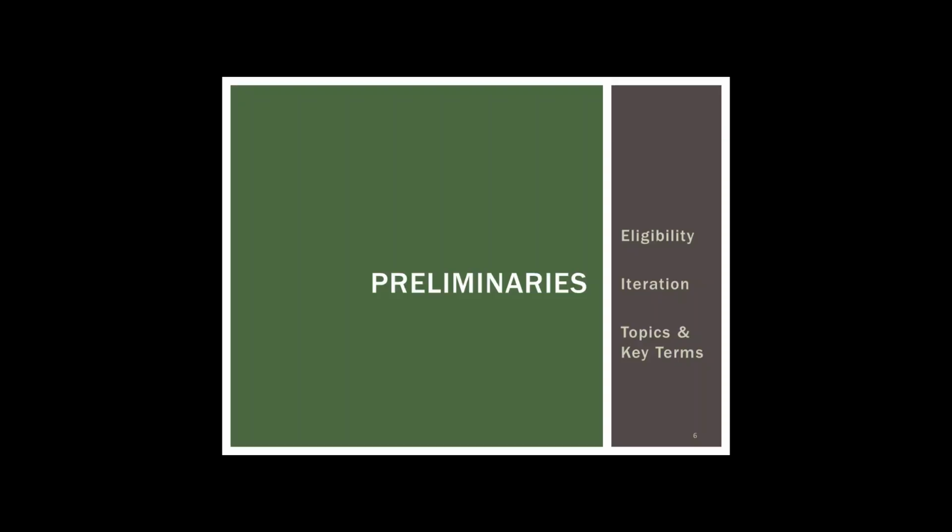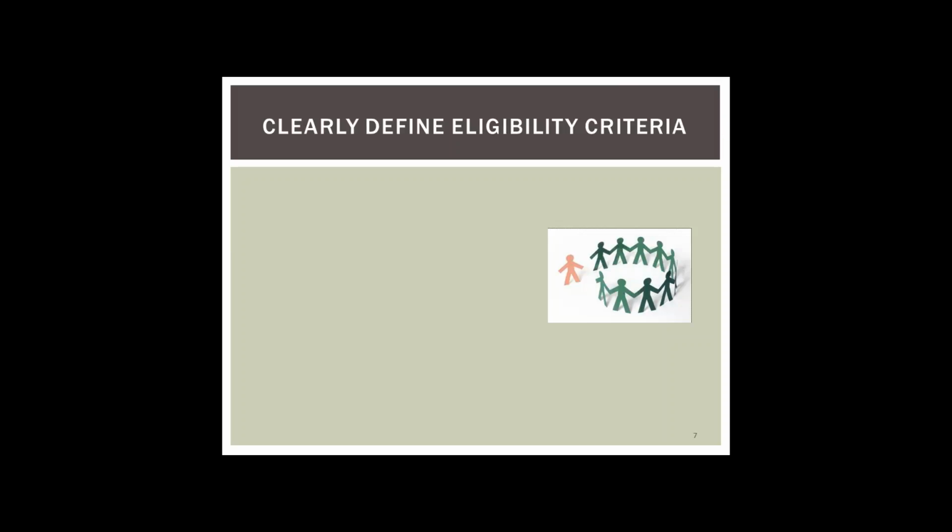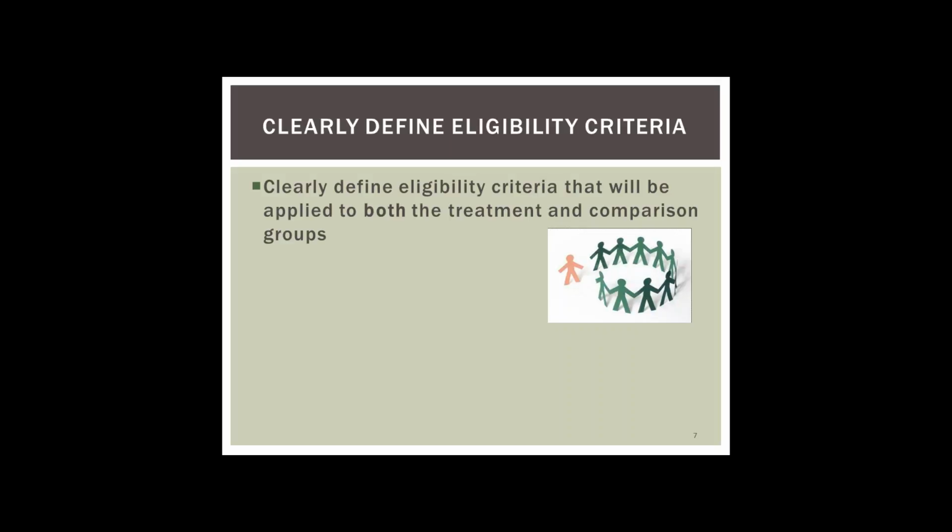Before I get started, I want to set the stage a little and give you some details of the matching methods. To begin with, imagine you have a treatment group, and where do you even begin to look for a comparison group? One of the places you can look for clues is your eligibility criteria for the treatment group. If we can clearly define the eligibility criteria for the treatment group, then you can start looking to construct your comparison samples.